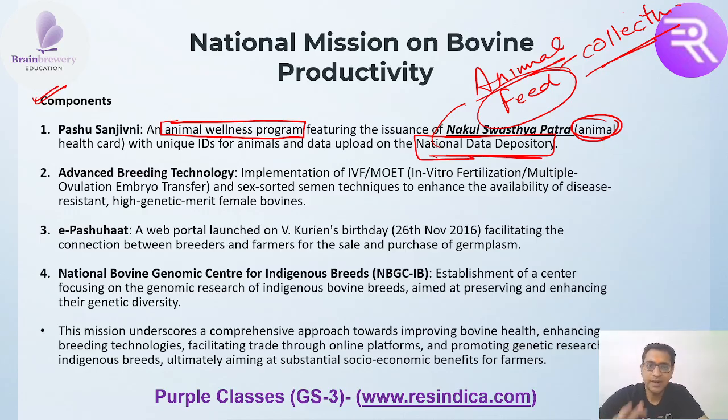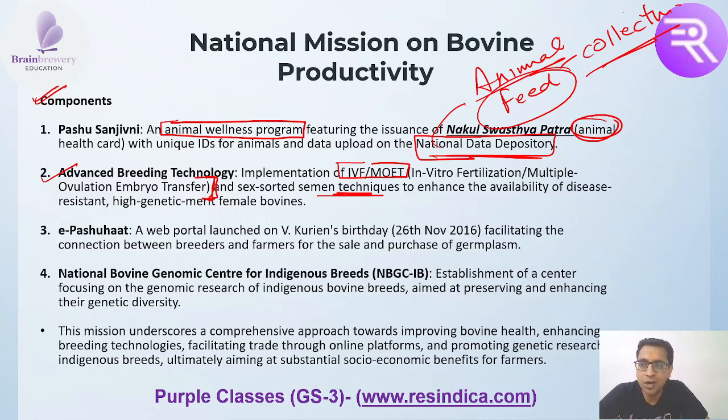So right now we have advanced breeding technology, IVF, in vitro fertilization, and MOET, multiple ovulation embryo transfer. These are the two important breeding technologies that are being run throughout the world. Okay, and sex sorted semen techniques are there, so that we should have good availability of this.